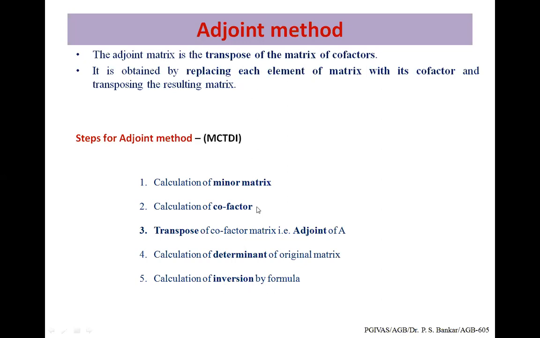So here, if we consider each step independently, then we can go with the inversion of a matrix. So let us see one by one what is meant by minor matrix, what is meant by cofactor, how we are gaining the adjoint of the matrix, how we are estimating the determinant of the matrix, and how we are calculating the inversion by formula.